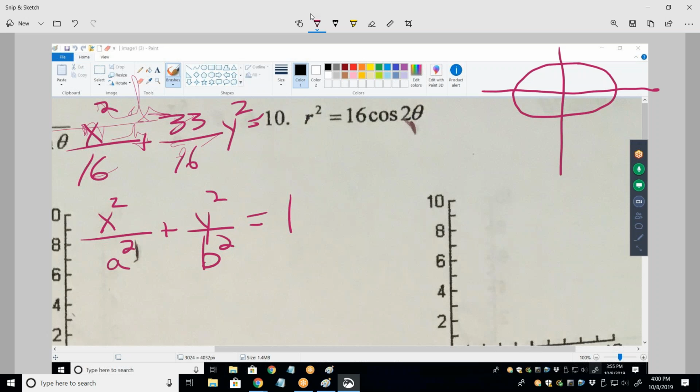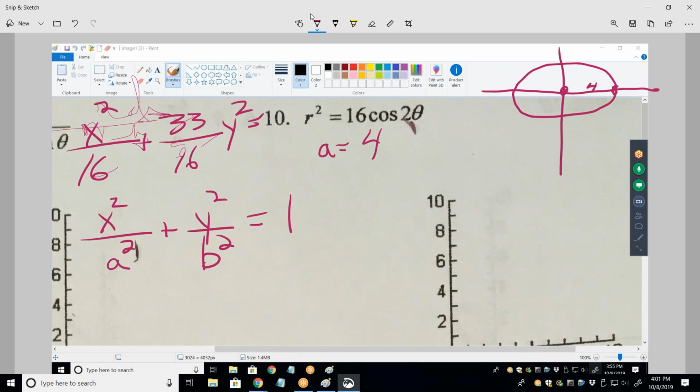That's why it's horizontal, because a squared is bigger than b squared. Now, what is a? A is 4. So that length would be 4. In other words, the radius would be 4 from there to there.